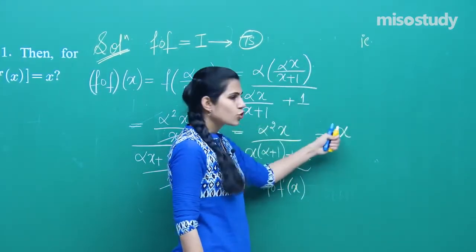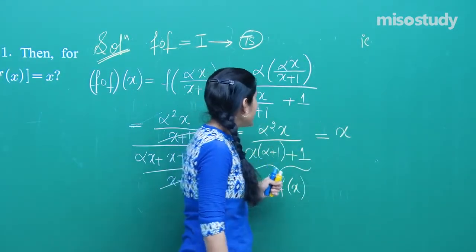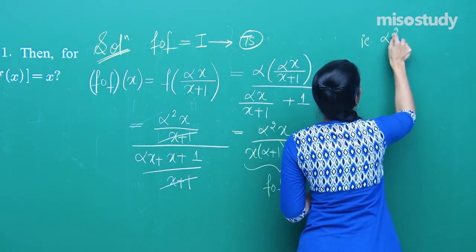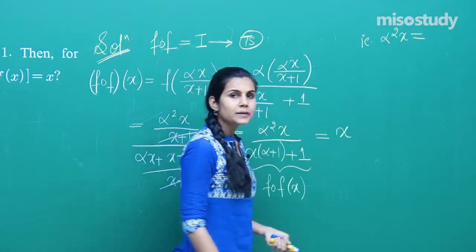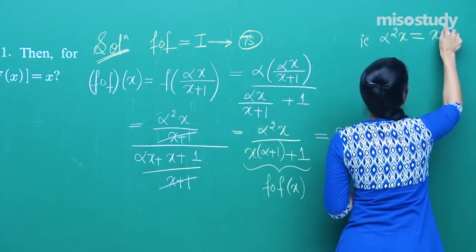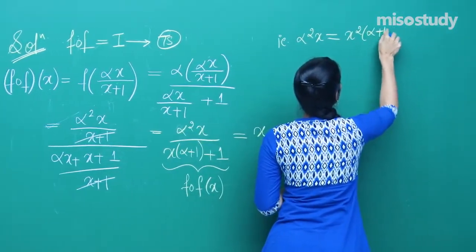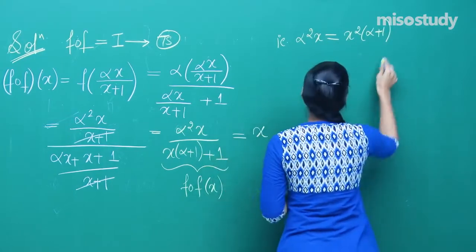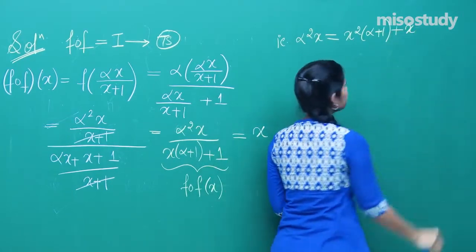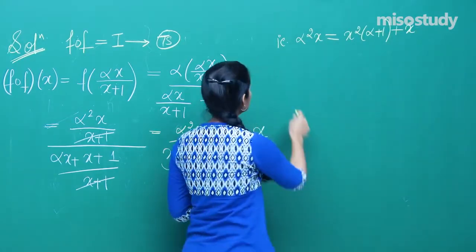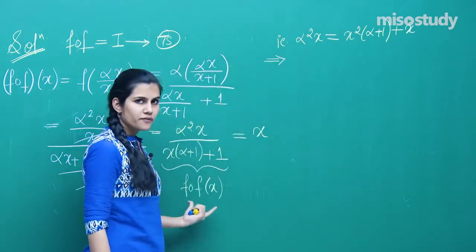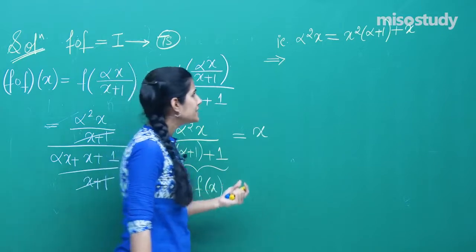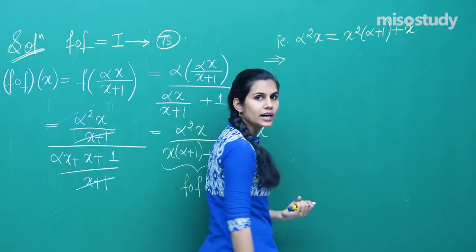This means just cross multiply, you get alpha square x on the left hand side equals x square times alpha plus 1 plus x. That's it. That means for FOF of x to be equal to x, this equation should be satisfied.